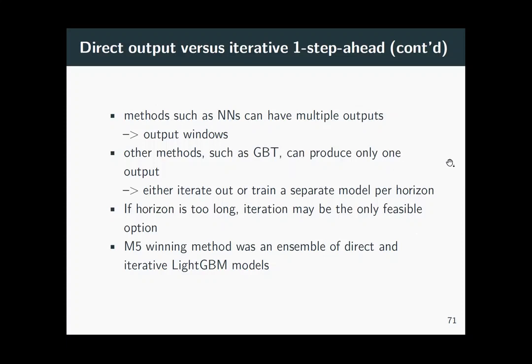With gradient boosted trees, they produce only one output at a time, but you can iterate out. So you just feed back the forecast and iterate out the model. You can also build, obviously, a direct model where you predict directly the horizon that you want, and then you can also do mixed forms of it.